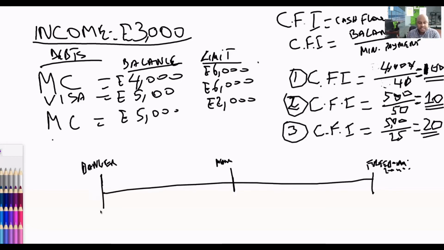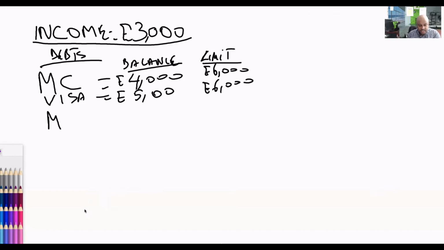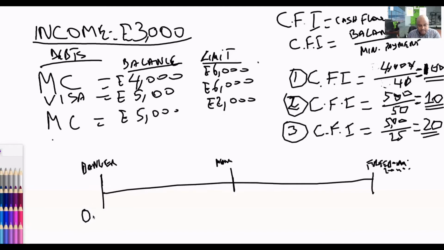Now anything which has an index number between 0 and 50, this is what we call a danger zone. So if you do this calculation here and the number you are getting is between 0 and 50, it is a danger zone.